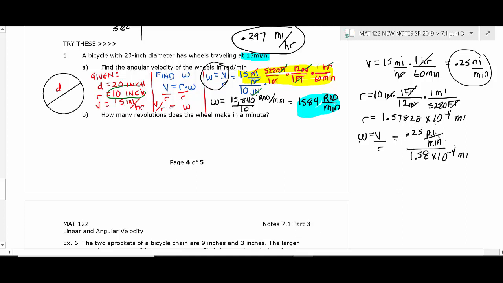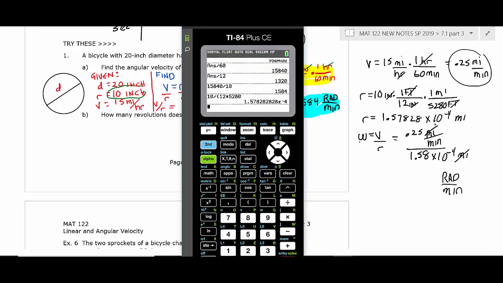Then what happens is this crosses out, so you're going to be in radians per minute like we needed to. And then you would put this on the calculator like this. You go 0.25 divided by, and you don't need parentheses because it's one number, 1.58. And then E, negative 4, should get about the same answer.